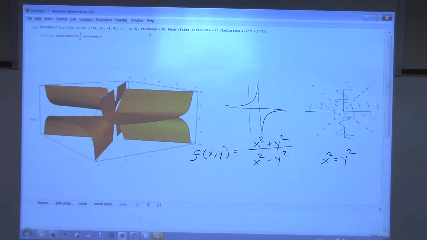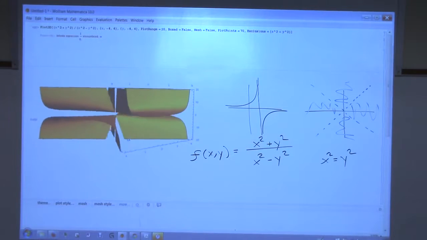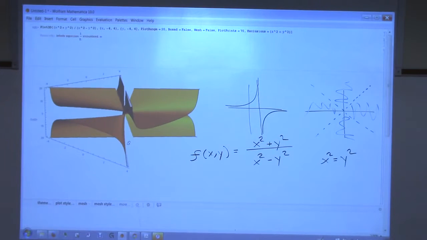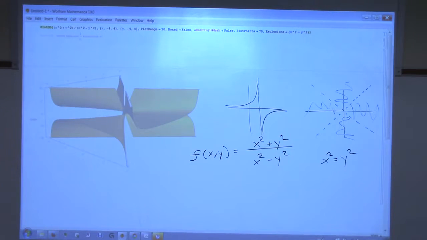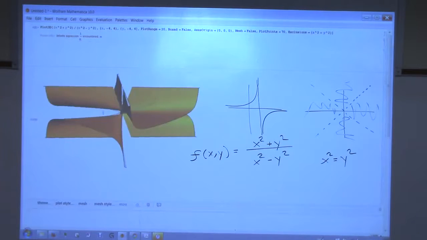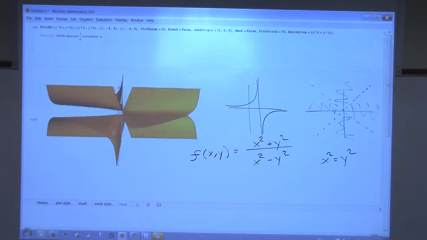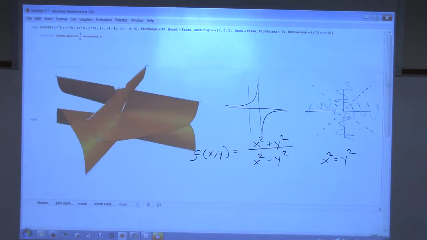I hate this stupid box they put around it too. There's a lot that goes into making it look pretty. AxesOrigin 0, 0, 0. There we go. Okay, that's about as good as it's going to get. See, I helped the computer not freak out anymore.